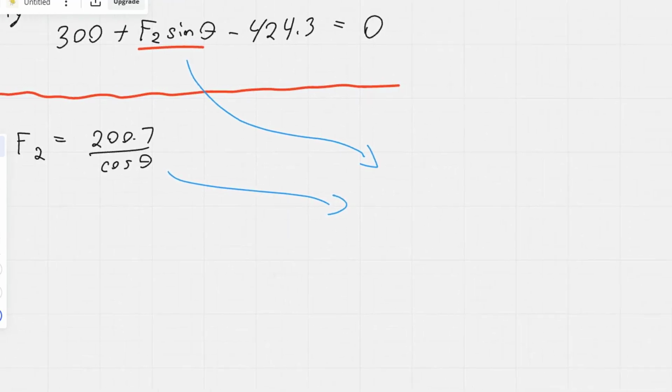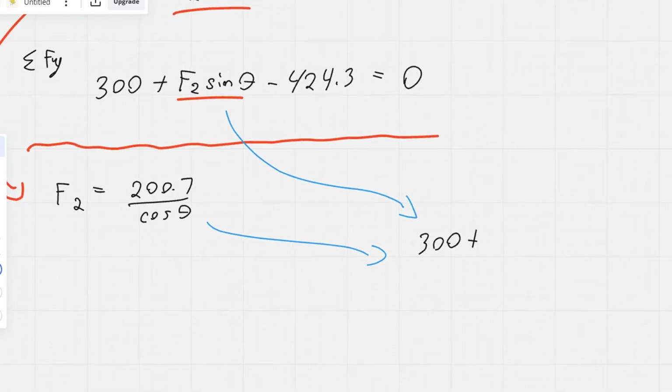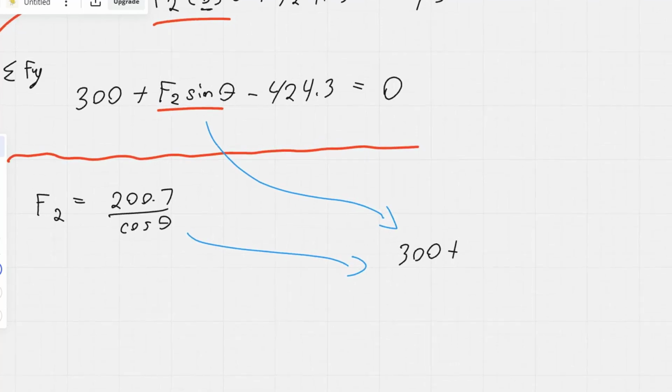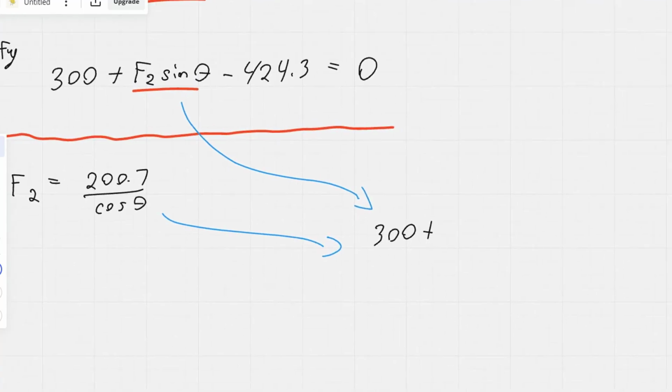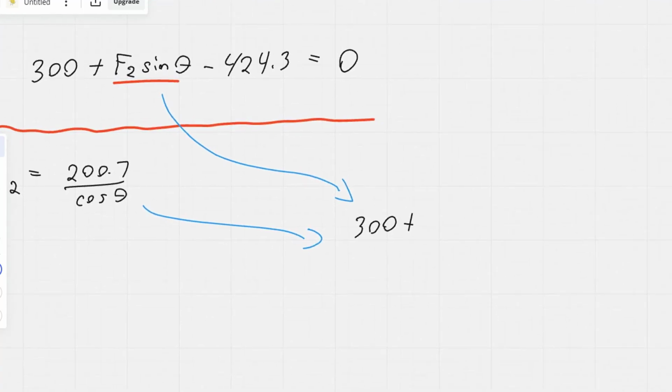And so what that ends up being is we're going to get 300 plus, well, hold up. Before we do all that, sorry, it's not going to be 300.